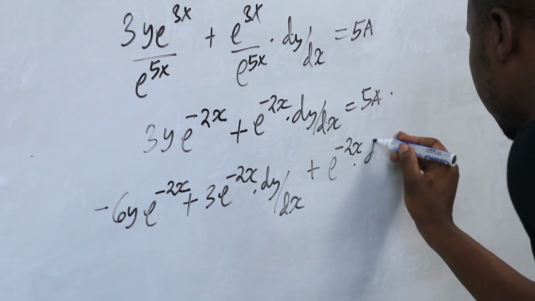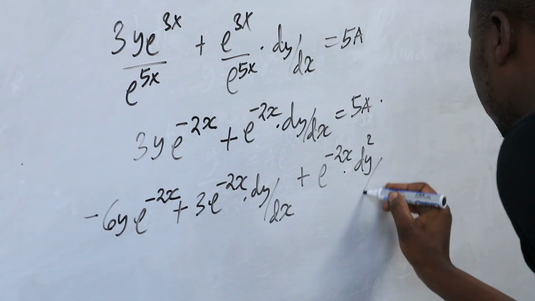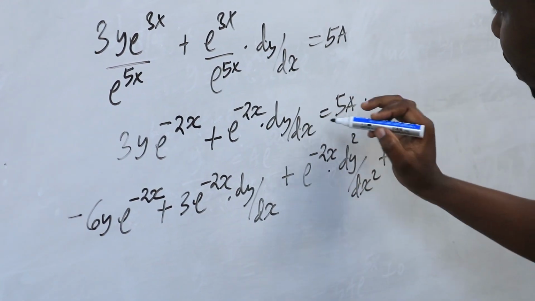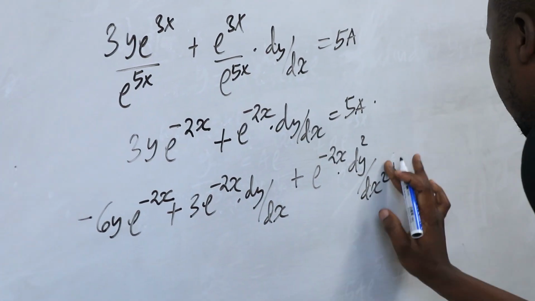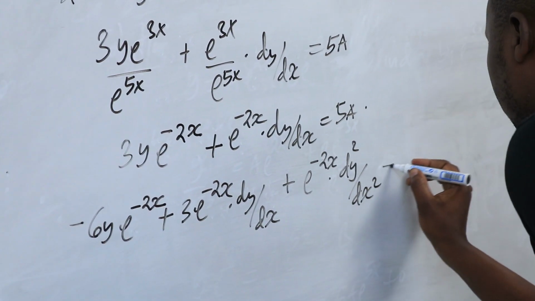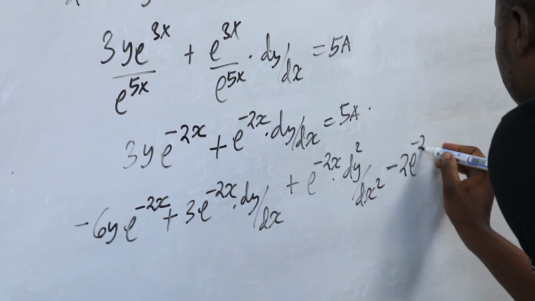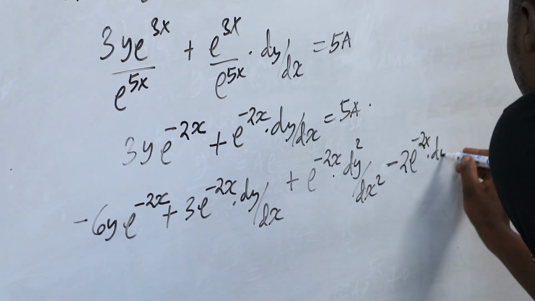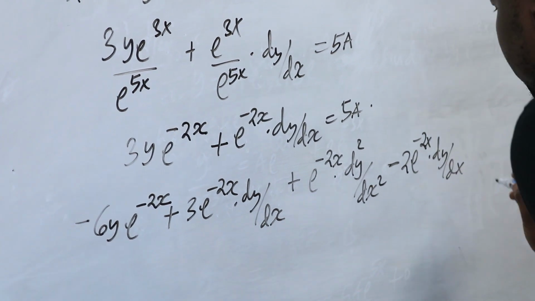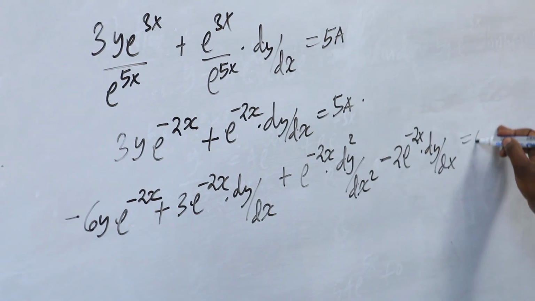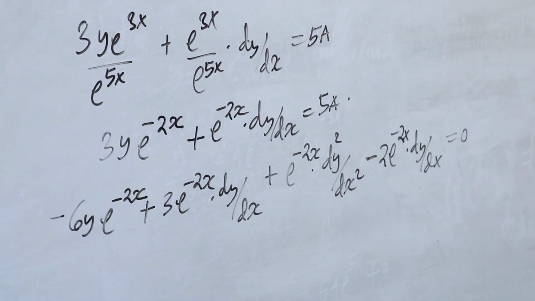Differentiate dy/dx, we get d squared y over dx squared, plus now we keep dy/dx constant and differentiate this. It becomes minus 2e raised to negative 2x, then dy/dx, equals the derivative of 5a, which becomes 0 because that is a constant.